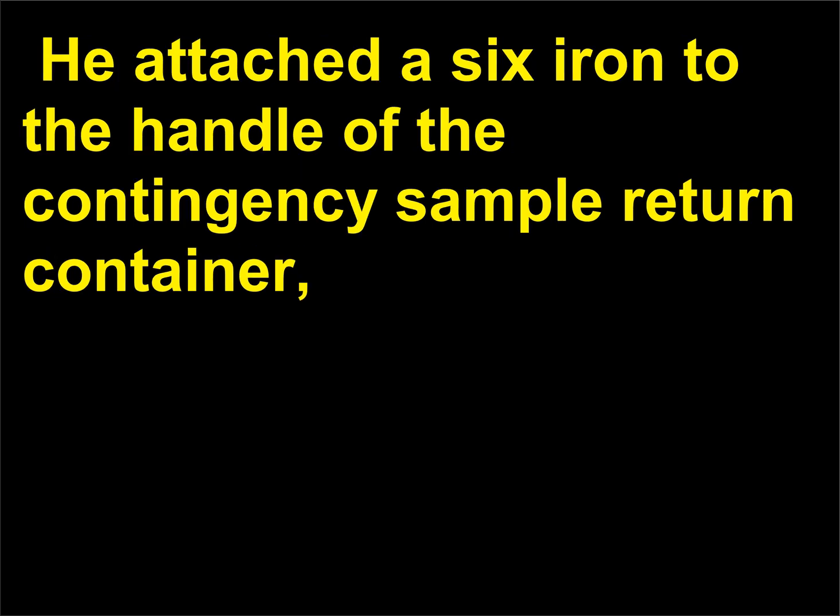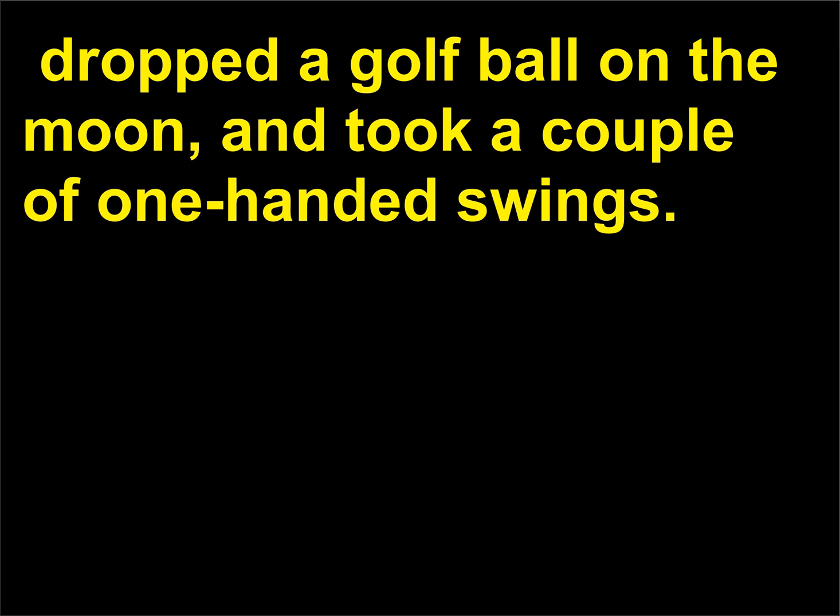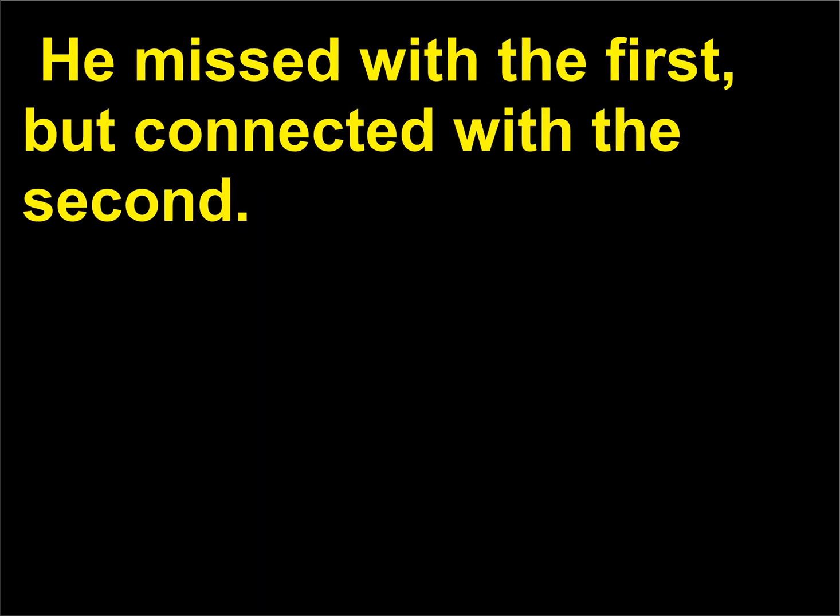He attached a 6-iron to the handle of the contingency sample return container, dropped a golf ball on the moon, and took a couple of one-handed swings. He missed with the first, but connected with the second. The ball, he reported, sailed for miles and miles.